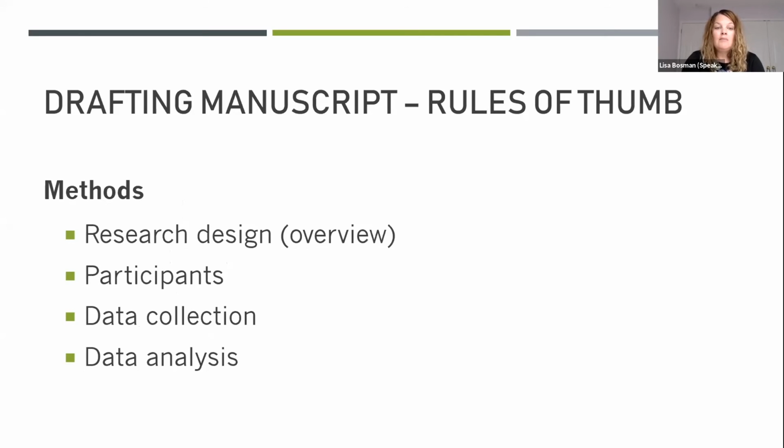Next, the methods. This typically has 4 sections. The research design or the overview, and this just provides an inclusive overview from start to finish. What did we have the students do? When and where did we collect the data? What types of data? And just a high-level overview. And then it's identifying the participants.